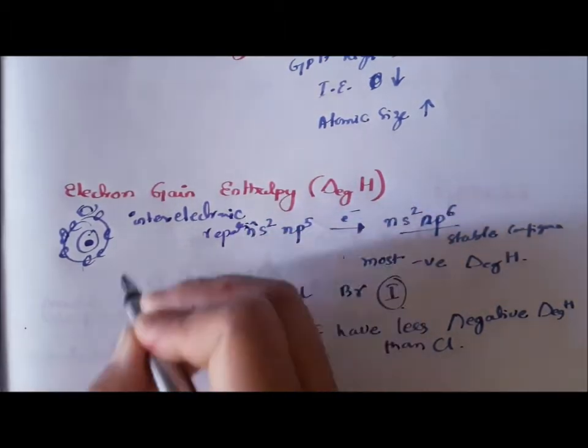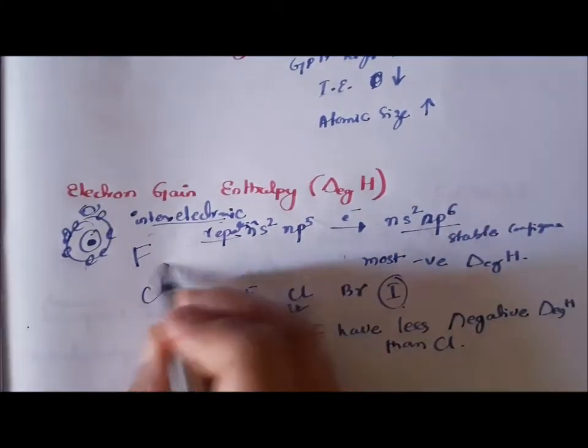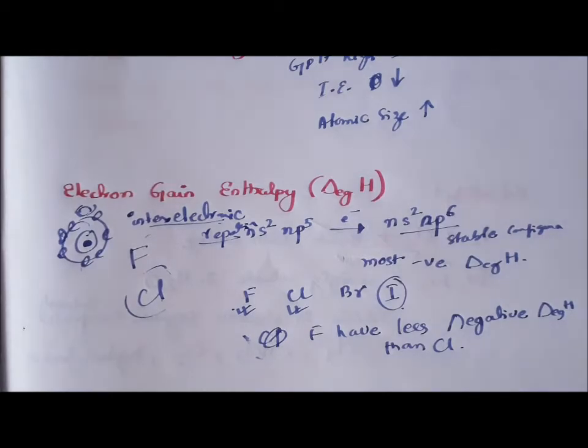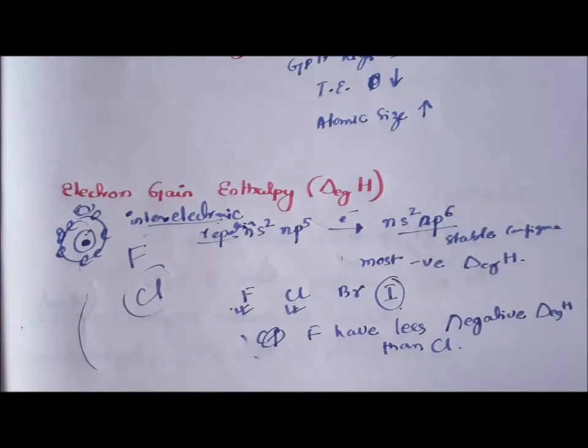So in fluorine, the inter-electronic repulsion is more than that in chlorine, where the size of chlorine is comparatively larger than that of fluorine. Because of this inter-electronic repulsion, the incoming electron will experience more repulsion in fluorine than in chlorine. That means the incoming electron will not be easily accepted in fluorine compared to chlorine, which means fluorine will have less negative electron gain enthalpy than chlorine.